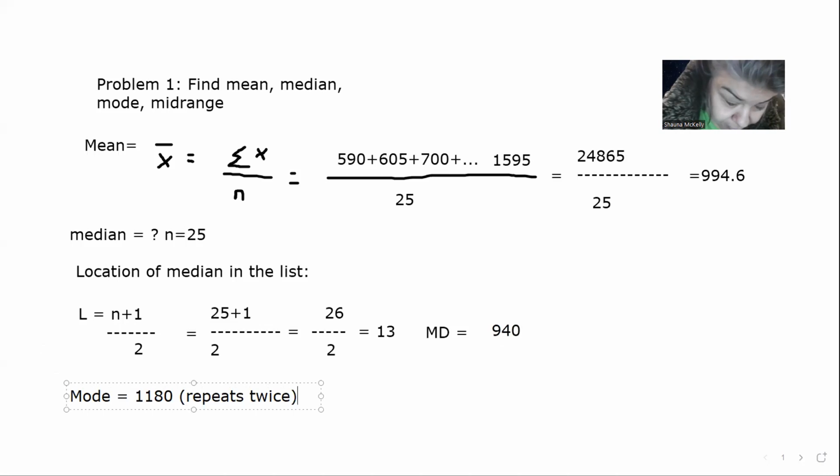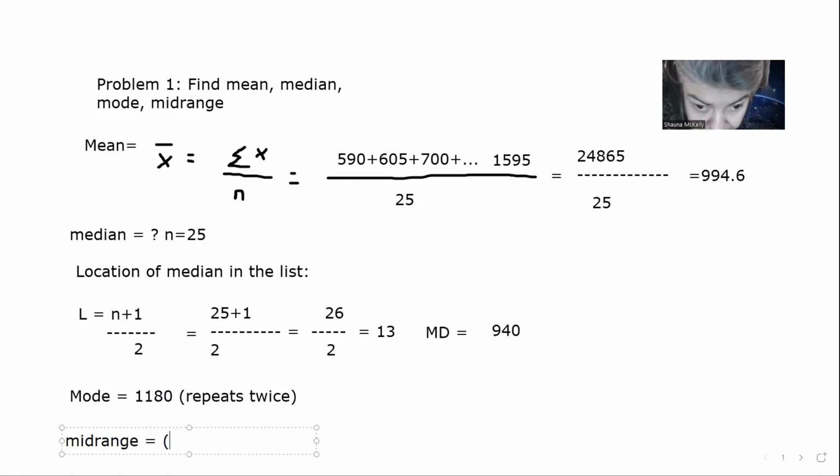Now, the only other thing we have to get for this problem is the mid-range. The mid-range for all the problems is the minimum plus the maximum divided by 2.